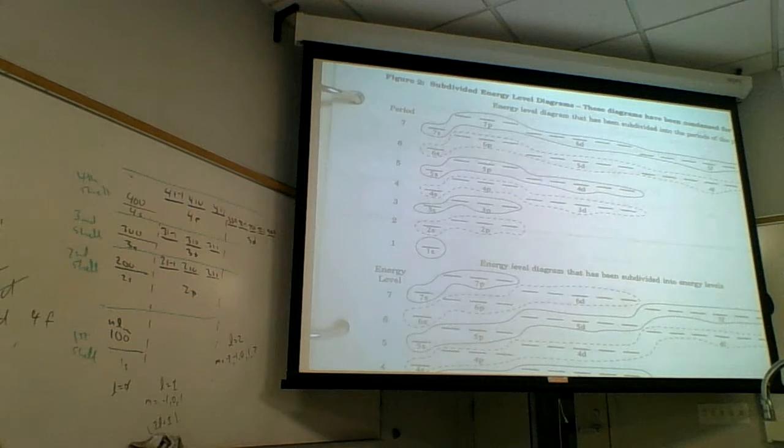So we can have the magnet pointed up or down. This is spin up. This is spin down. There are only two possibilities.